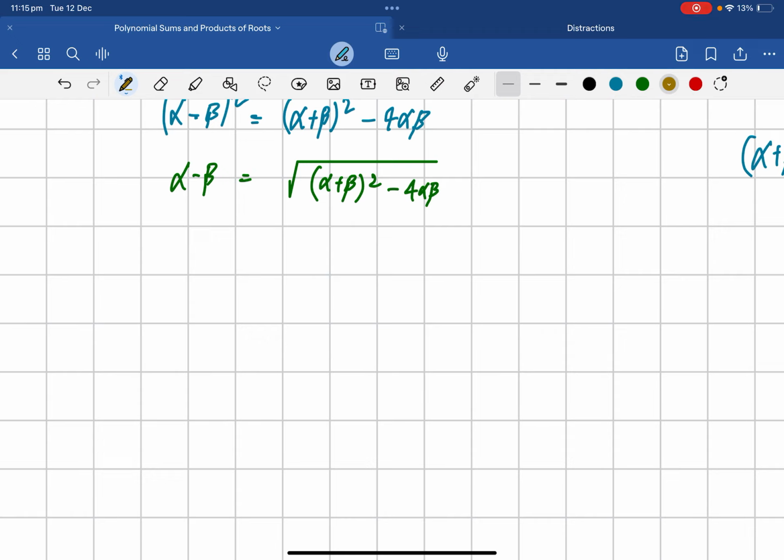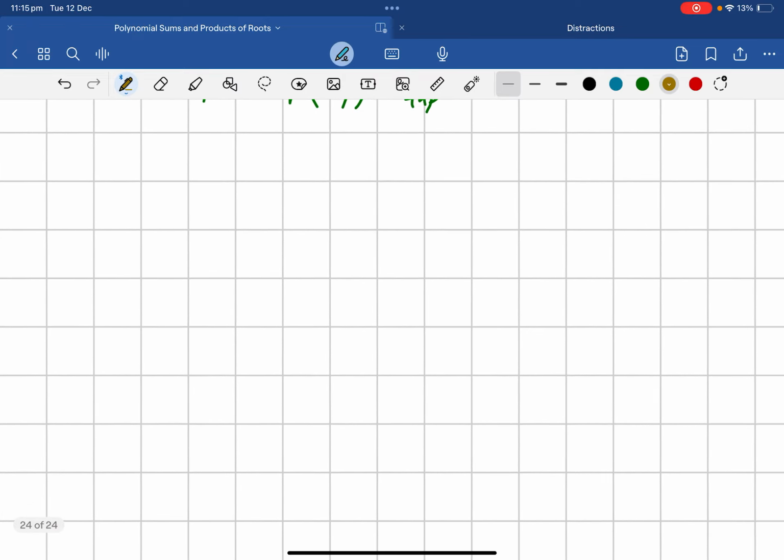You know what, guys, actually, I'm going to stop there for today. So, for questions 5, 6, and 7, I'll write them down here, but I really want you guys to try this on your own first. Question 5 is alpha cubed minus beta cubed.